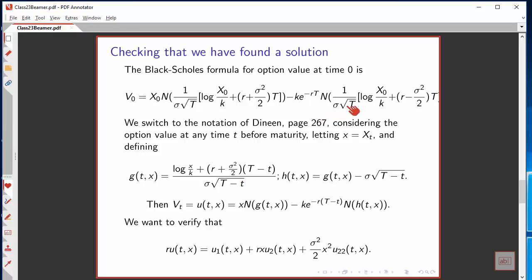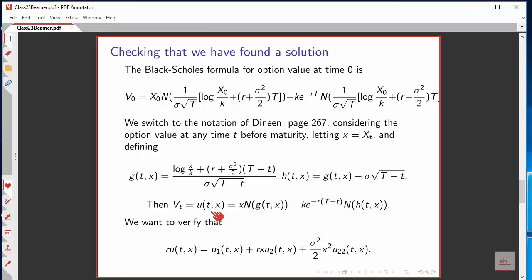If I look at the second term, I see that the only thing that's different is that the sigma squared over 2 has a different sign. So h is the function g minus the quotient of this term by that term, which works out to sigma times the square root of capital T minus little t.